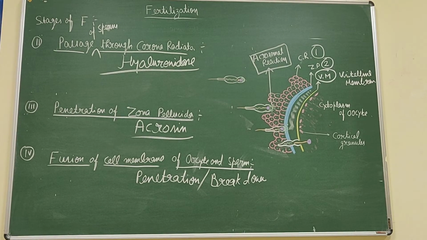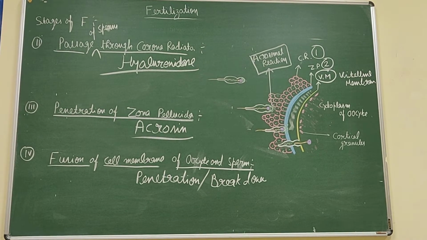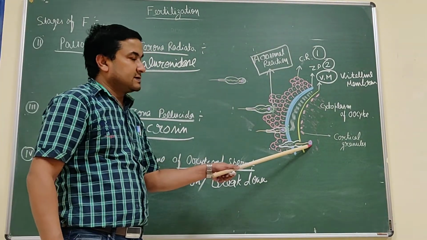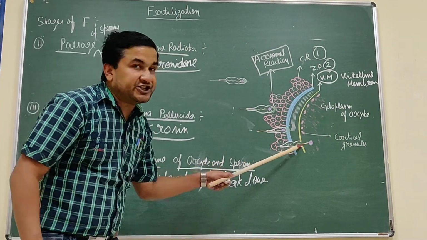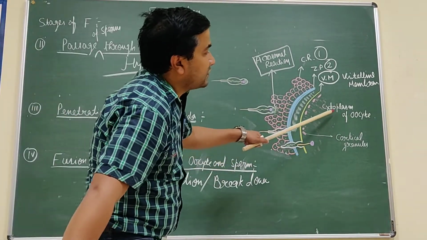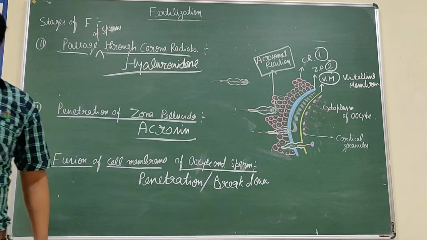Now, as a result of this breakdown, the nucleus and the tail of the sperm enter into the cytoplasm of the oocyte.